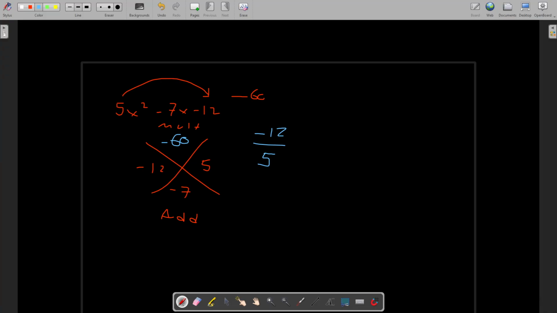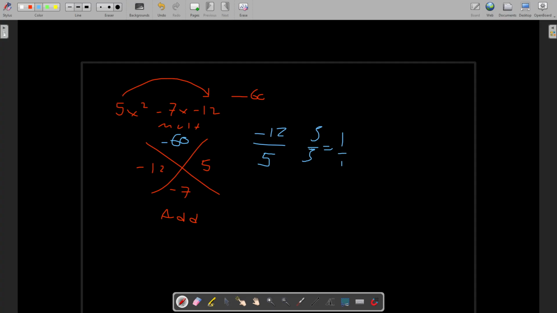This is the simplified form. Then we do the same thing with the other one. So 5 over 5. Keep in mind that the A is on the bottom, and the terms that we find go on top. So we have 5 over 5, which can be simplified to 1 over 1.